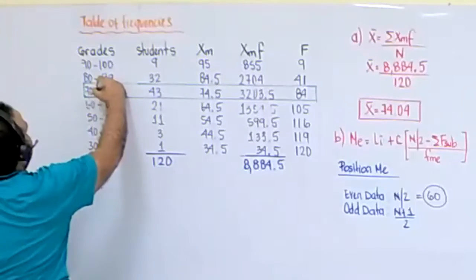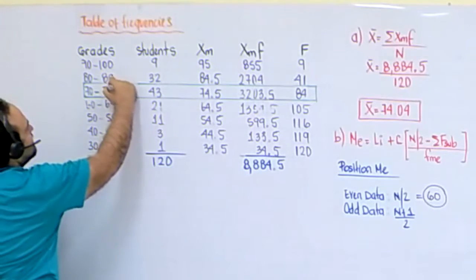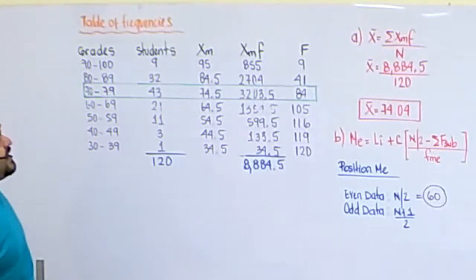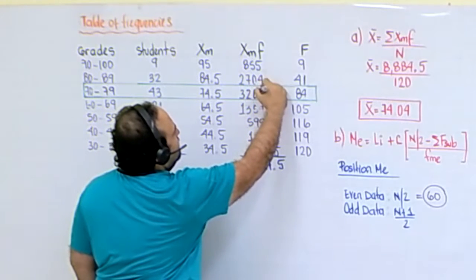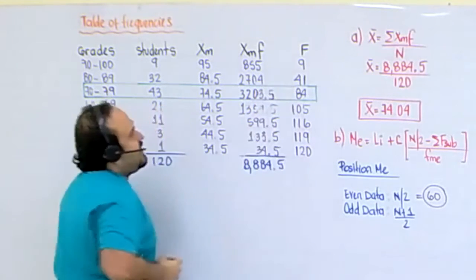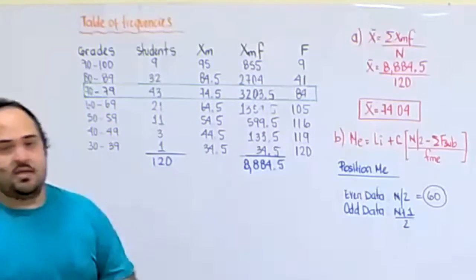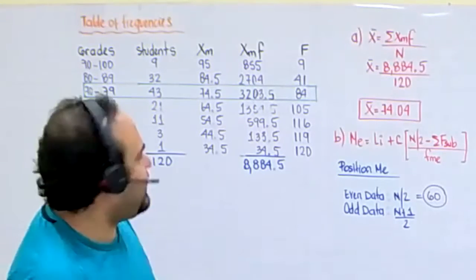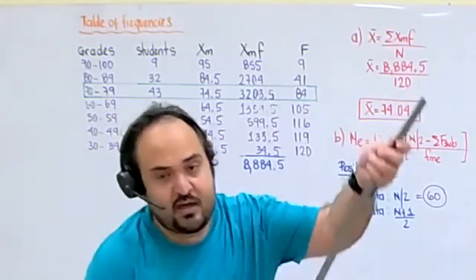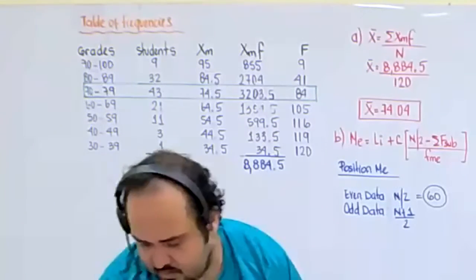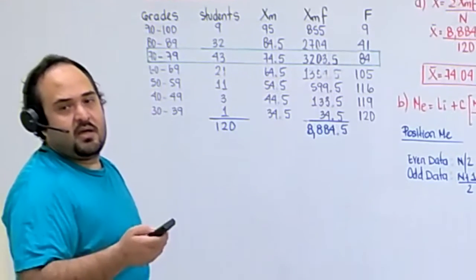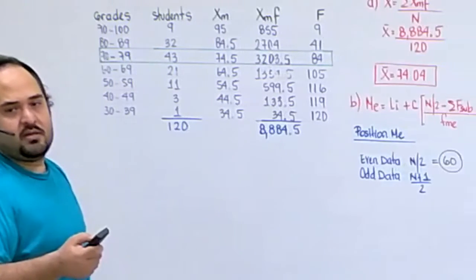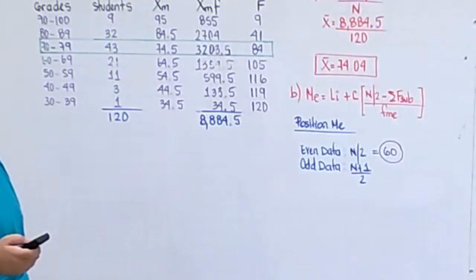Remember, we have the grades between 70 and 79, and we have this value 3,203.5. Okay, what we're going to do this time, we can apply the formula for the median. Remember, the formula for the median, I'm going to use it downward over here.